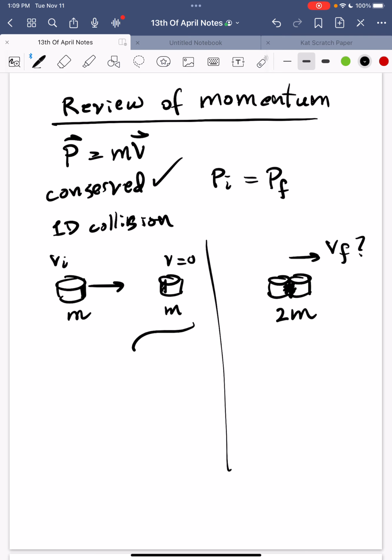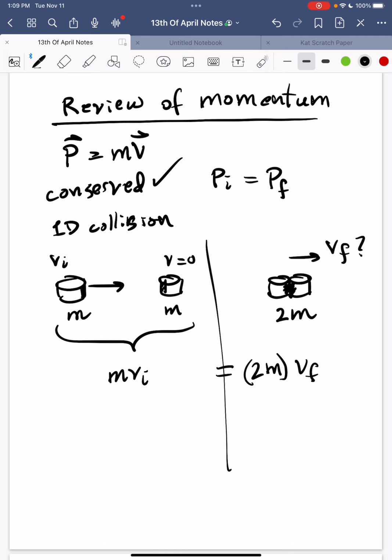So the total momentum in this situation here is only accounted for by the puck that is moving. So that's the mass times the initial velocity. Now that must equal the final momentum in this situation over here, which is the mass, and now it's 2m because they're two pucks stuck together, times v final. We want to solve for v final in terms of whatever v initial was.